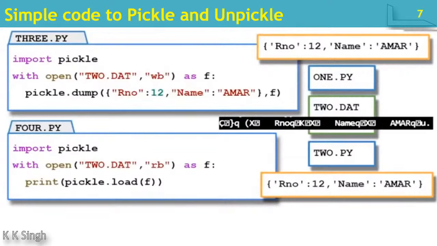But it was not readable like in a text file, because when you dump the information onto a binary file, the content is transformed into machine codes, and these codes are not readable. The user cannot read the file or the information. If you want to read the information, you will have to use the load function of the pickle module. So pickle.dump will write the information onto the file, and pickle.load will load the information from the binary file.